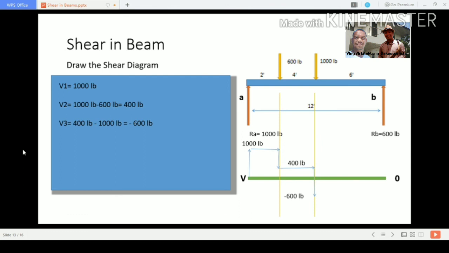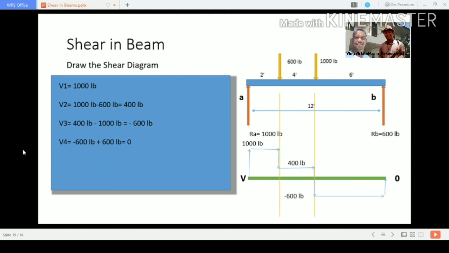Okay, so from negative 600 pounds going to B, for the reaction B, again there is no load, so 0 degree, so the line is a straight line. Okay, so from negative 600 pounds plus 600 pounds, which is the RB, positive because the direction is going upward.